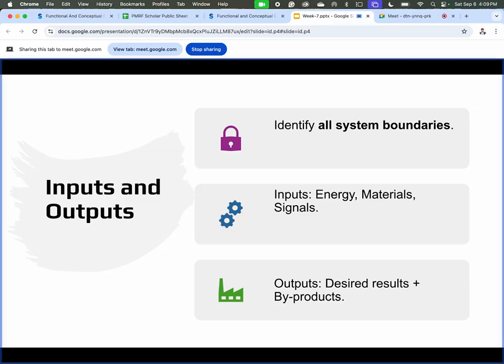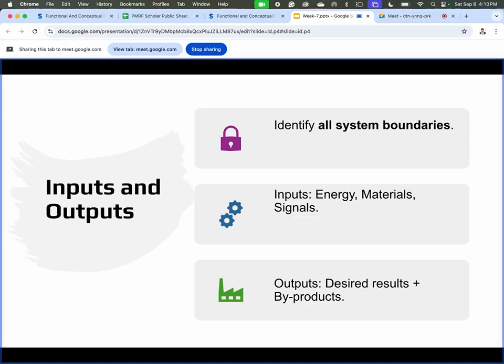For example, in a car engine, the desired output is mechanical energy to move the car, while the byproducts are heat, noise, and emissions. Identifying both is essential because byproducts often cause inefficiency or harm, and designers must manage or minimize them. By mapping input and output, we establish the functional boundaries of the system.